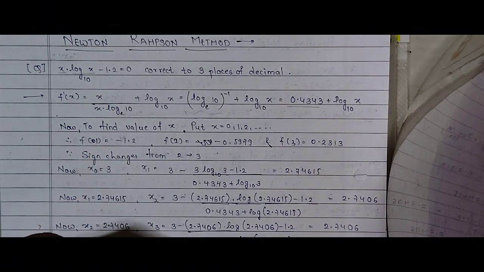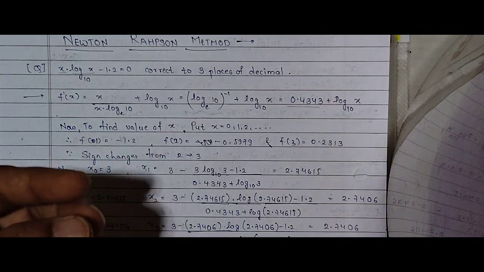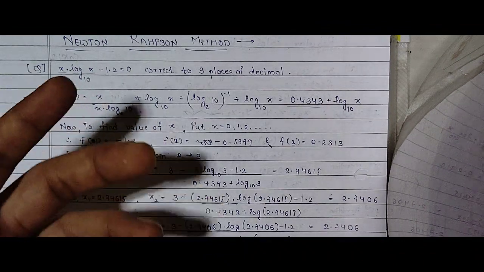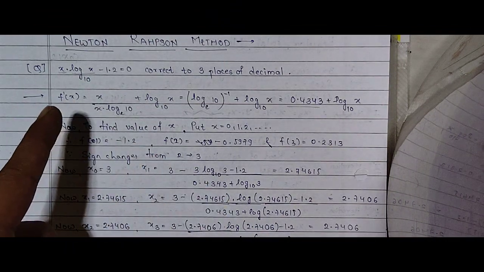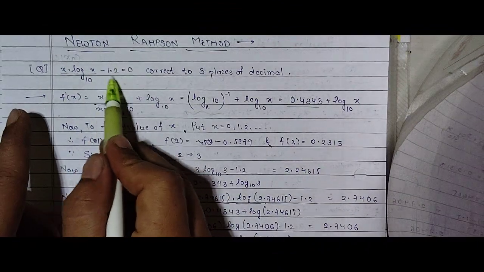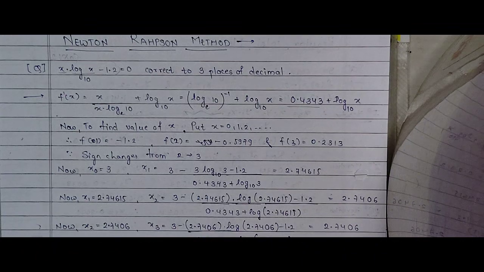Guys, please note here, I am not starting with f of 0 because log 0 is not defined. You can't get the value of log 0. And if you want to calculate, then log 0 will be taken as 0 and you will get minus 1.2 only for f of 0 also.